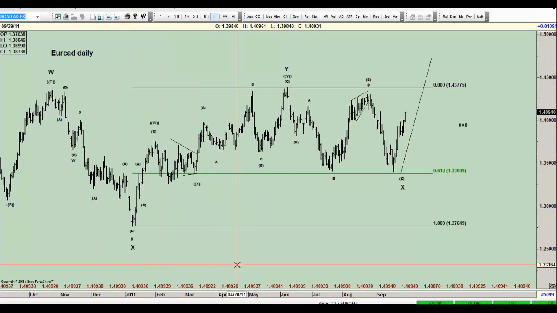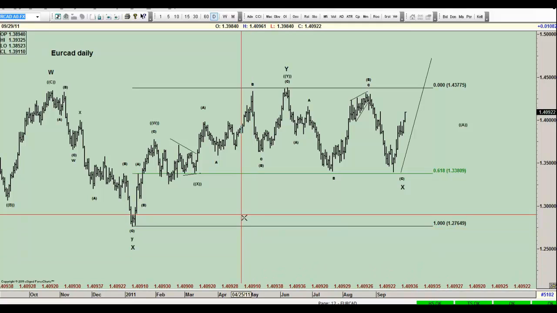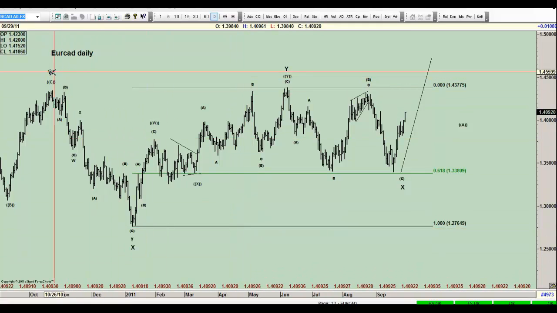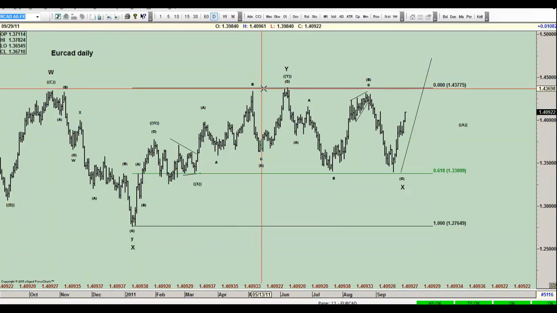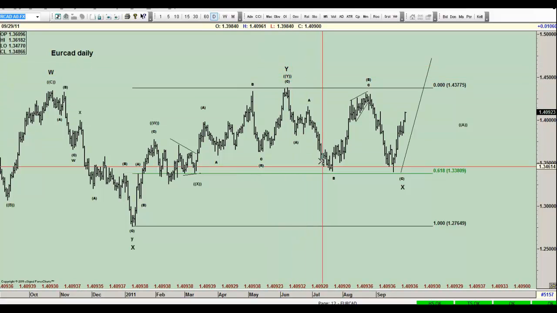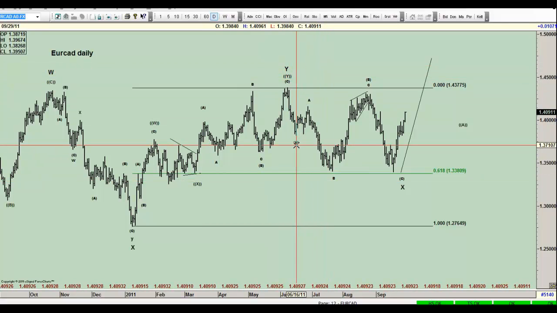The EuroCAD has been the most consistent, it's been the best following the path. What we have on the EuroCAD in the dailies is WSY. It did a flat right here when you got A, and then you got ABZ.